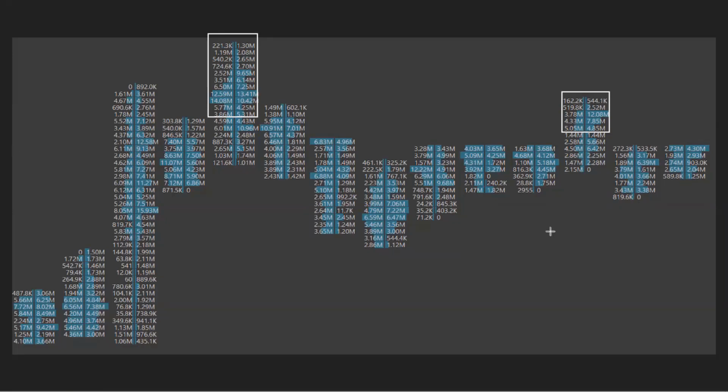But on a 5-minute or a 1-minute chart, which is what I would have been looking at when I'm watching the footprint, a low time frame chart, the 12 million here and the 10, 13, 7, 6, 9, that kind of volume was way higher than what was going through on the average 1 or 5-minute candle here.